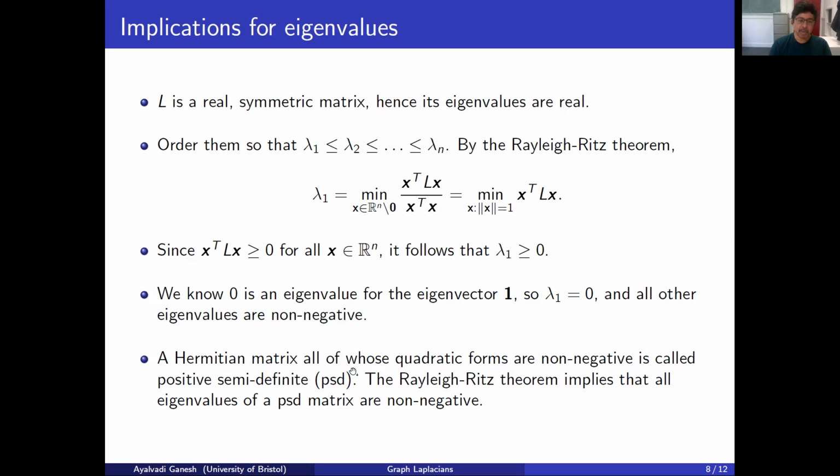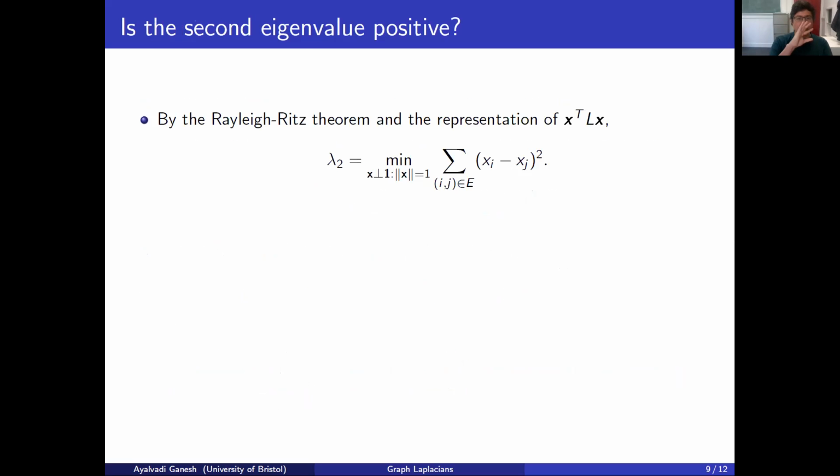No, sorry, this can't be positive definite because it has an eigenvalue of 0. So we are not asking if it's positive definite, we are asking, can we say that all other eigenvalues are strictly positive? That's the next question we are going to ask. So is lambda 2 strictly positive?